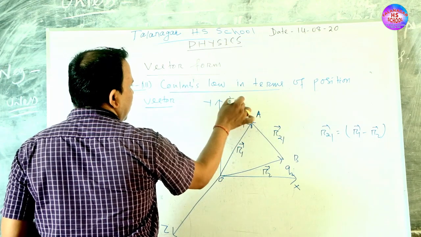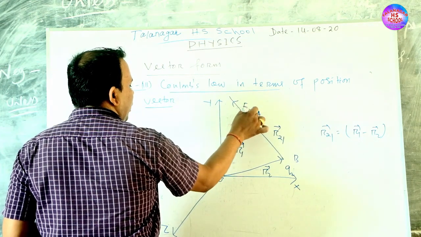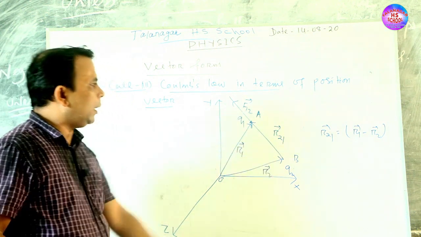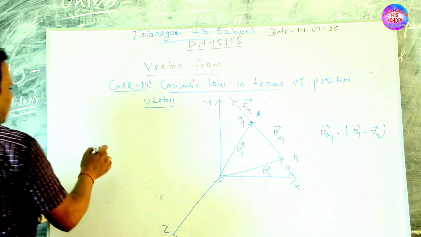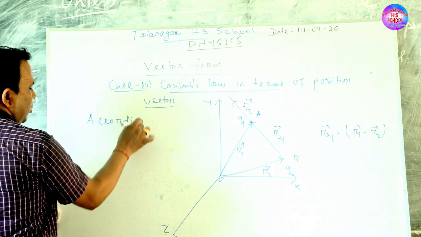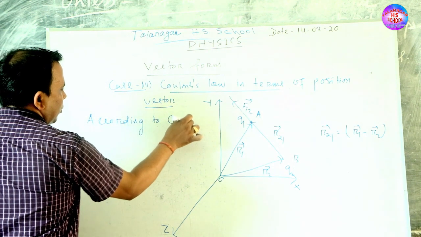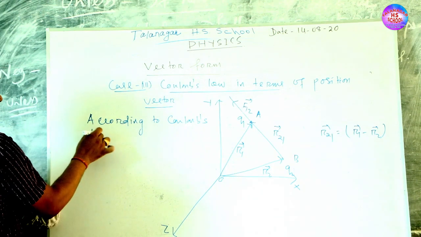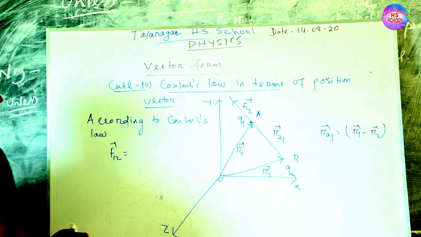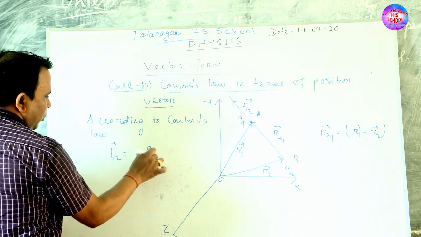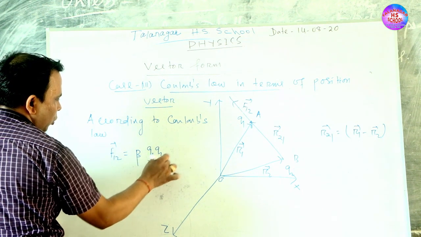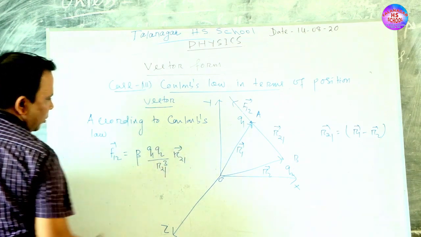Now the force acting on the charge q1 due to q2 is F12. We know F12 and r21 are in the same direction. Therefore, according to Coulomb's law, F12 is equal to beta q1 q2 by the modulus of r21 cubed, times the vector r21.